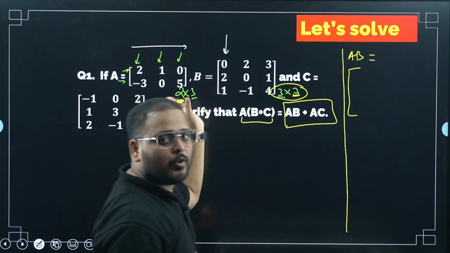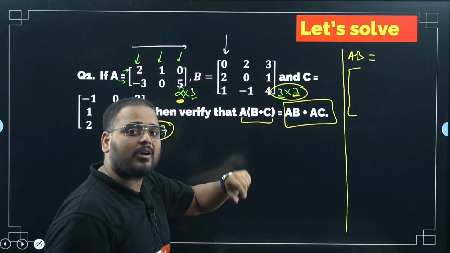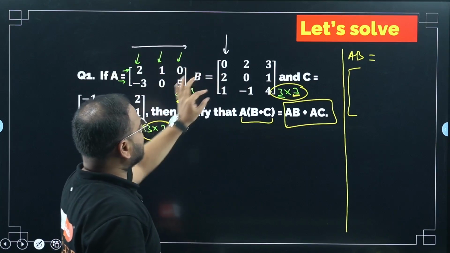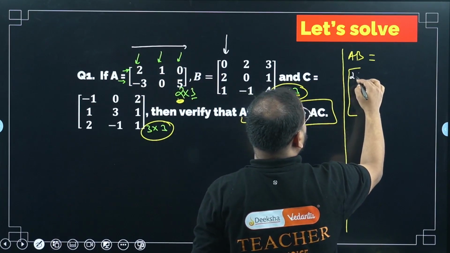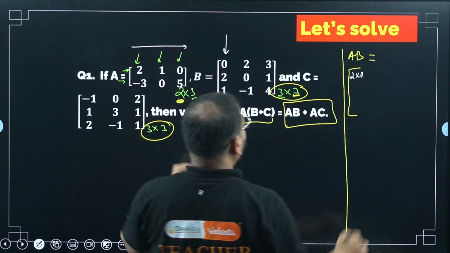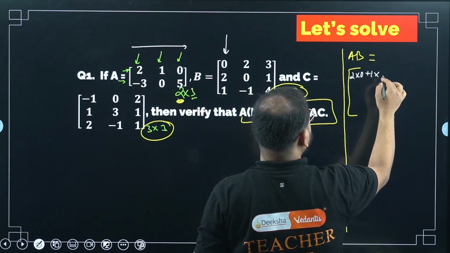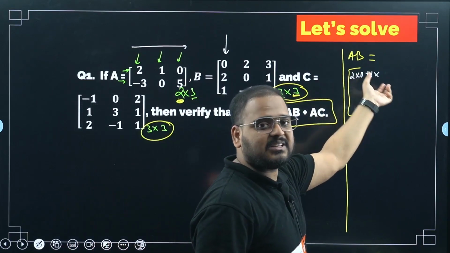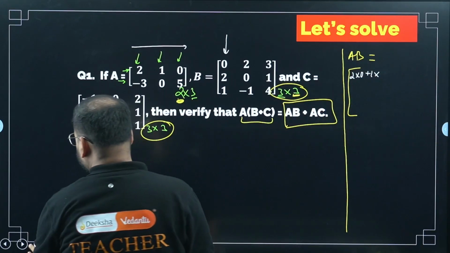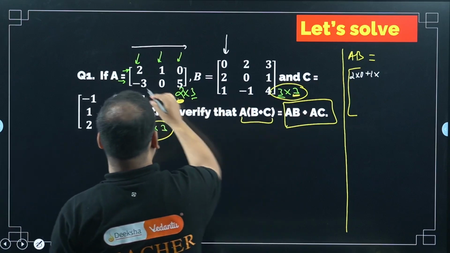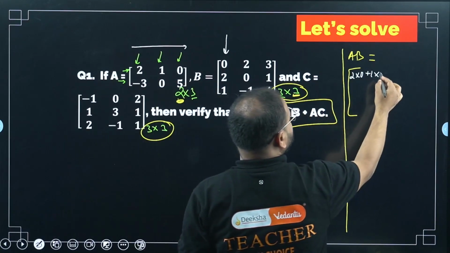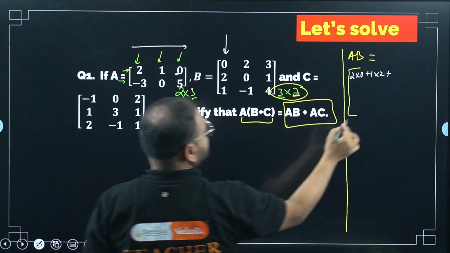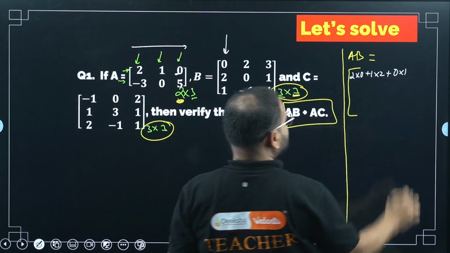So 2 times 0, plus 1 times 2, plus 0 times 1. For the first multiplication I'll write everything, then I'll write directly. I hope you understand. This is my first element.